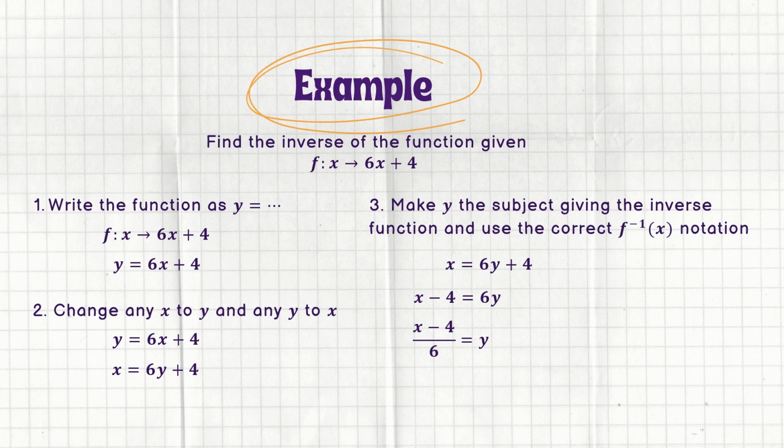So we've got y equals x minus 4 divided by 6, or y equals x minus 4 over 6. After that, we just need to change the y to f minus 1 of x. So f minus 1 of x equals x minus 4 over 6. So the inverse function of f(x) equals 6x plus 4 is f minus 1 of x equals x minus 4 divided by 6.